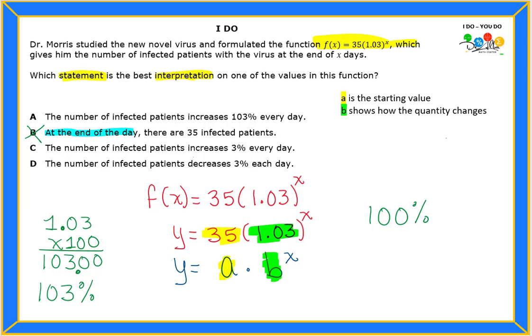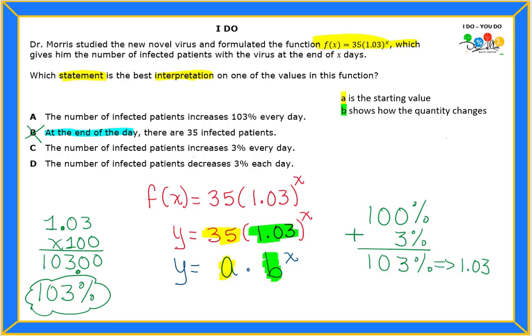That's what I was going to do on the right side over here. If it went up, remember this would be 100 plus 3%, because that's how I will get 103%, which is what I have right here. Let me back it up a little bit so that you don't get confused. The b is 1.03, but that's my decimal. If I want to think about the percent for that, I will need to multiply by 100. Once I do that, it'll give me 103, and that will be my percent.